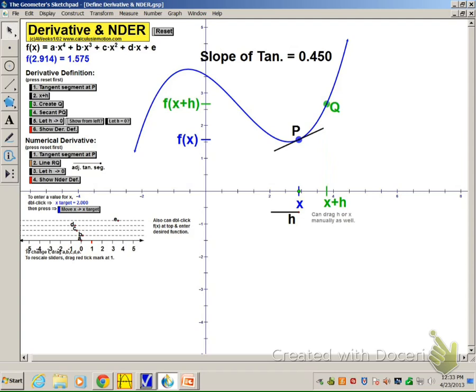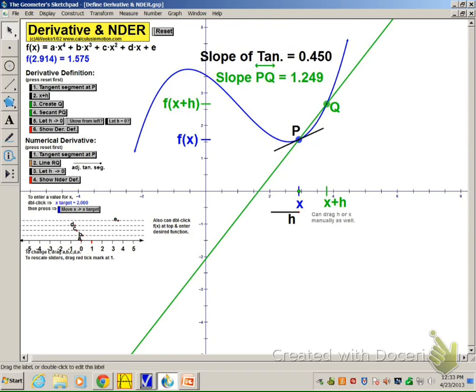Okay, so we created point Q, and then we talked the other day about this secant line, and we just drew the secant line through points P and Q. Points P and Q are just two different points on the curve, and we could easily find the slope of that line through P and Q. Again, we're trying to figure out what the slope of the tangent line is at P.